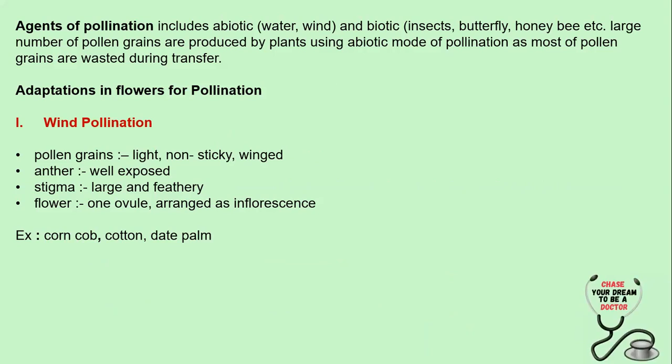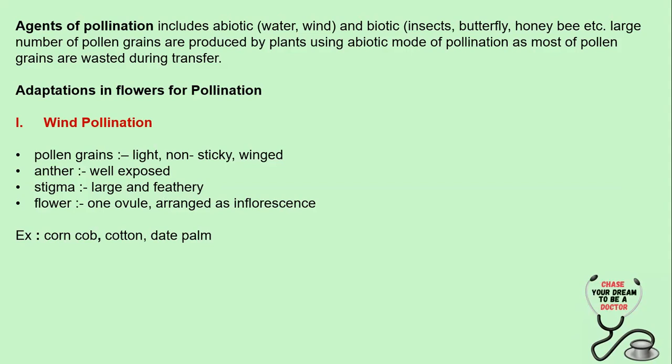And you have studied about three major agents of pollination, that is wind, water, and insects. So what are the characteristics of wind pollinated flowers? Their pollen grains will be light and non-sticky. They will have well exposed anthers, a large feathery stigma to catch the pollen, and one ovule. So sometimes this can be a question: name the type of pollination seen in a plant which has only one ovule. That is wind pollination.